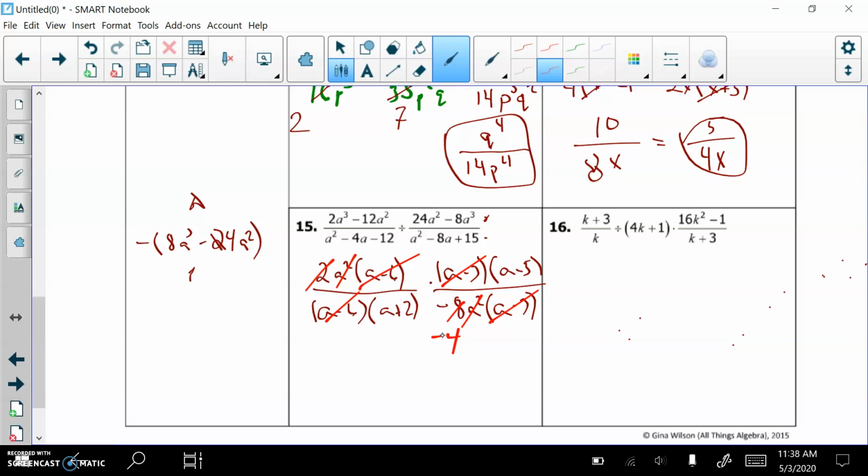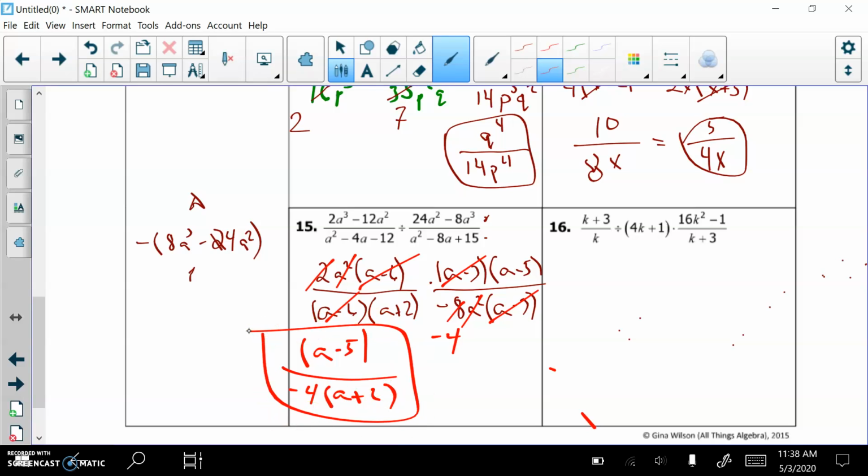I'm left with a minus 5 over negative 4, a plus 2. All right. Man, that's a mess.